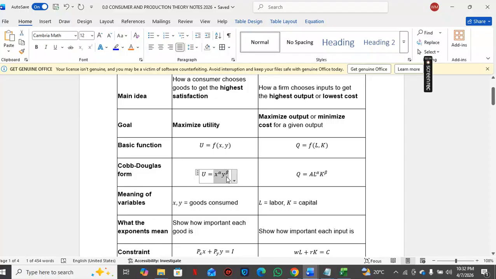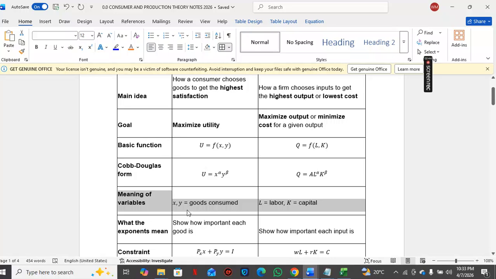In consumer theory, X is good X, Y is good Y, the two goods. You usually see functions like this. Sometimes the functions might be different, but most of the time you see functions like that.